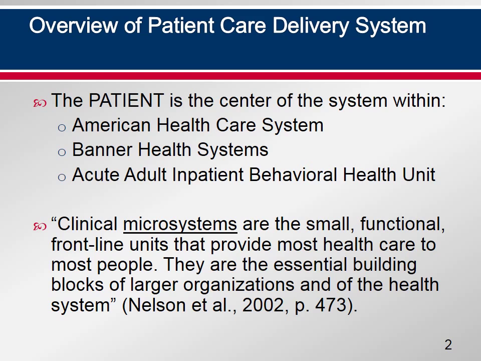So going from macro system to micro system, the macro system is the American healthcare system, and that includes the Affordable Care Act, the Centers for Medicaid and Medicare Reimbursement, JCAHO, all of those regulatory agencies that are part of that larger system.